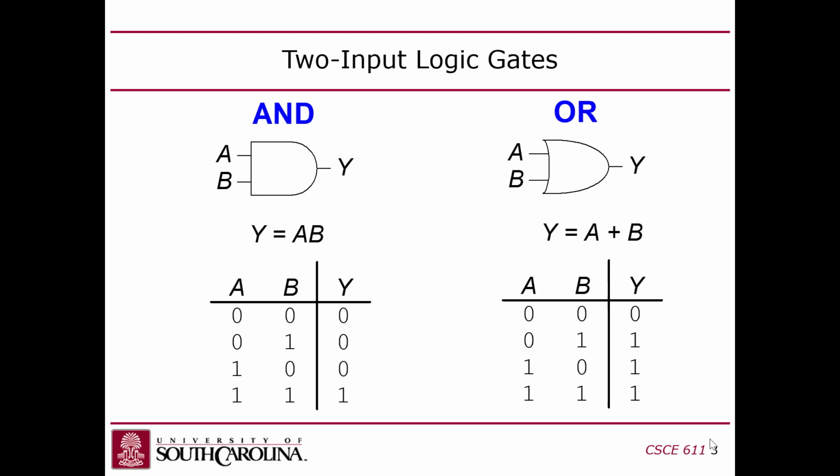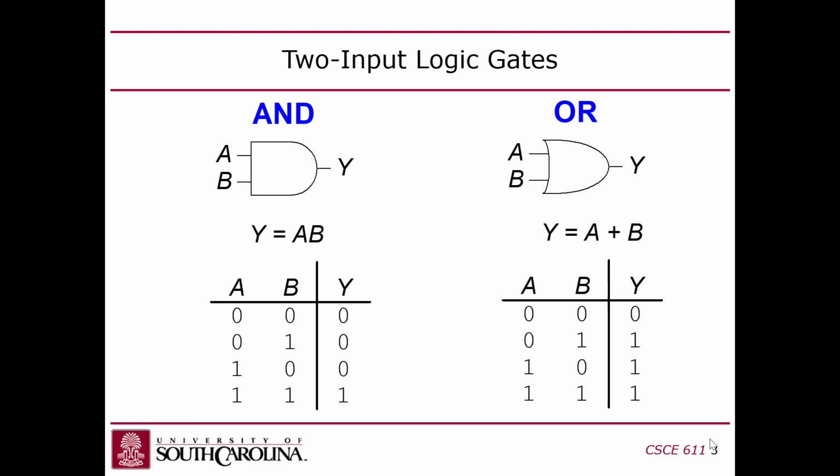If you have 2 inputs, there's 2 to the second power rows in the truth table, right? Now, the gate is defined by the output column. So the output column has 4 entries in it, so there's 2 to the 4th power possible ways you can configure this thing. If you think of the output column as a 4-bit number, then there's 16 4-bit numbers that you could put in there.